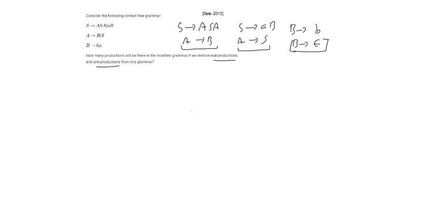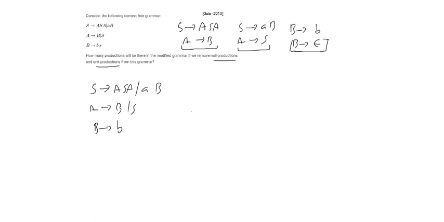If we are removing null production, you will have S implies ASA slash AB, and A implies B slash S, and B implies B. We will not write the epsilon character there.